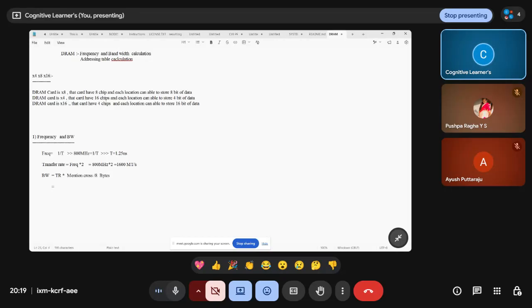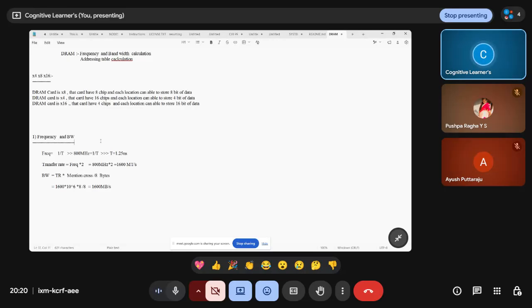Next we calculate: the transfer rate is 1600 mega, into 10 power plus 6, times 8 divided by 8. In this case it is 1600 megabytes per second. This way we can easily calculate the bandwidth, transfer rate, frequency, and time.